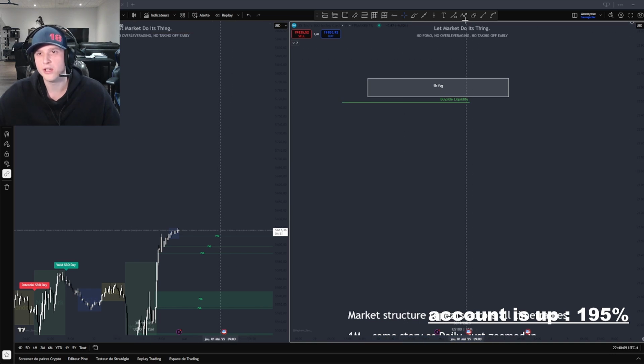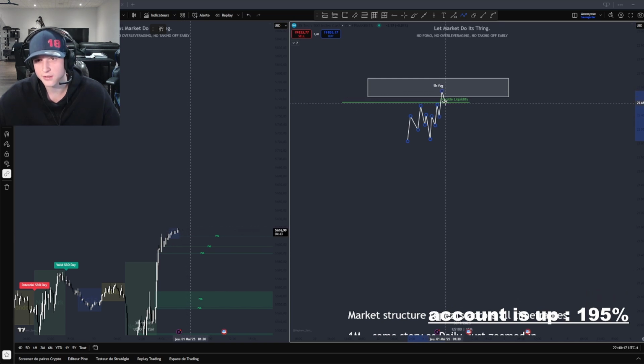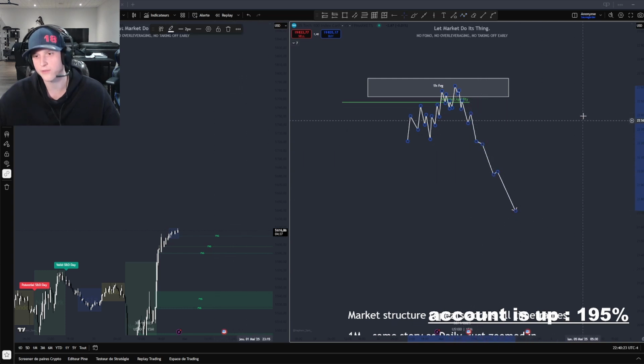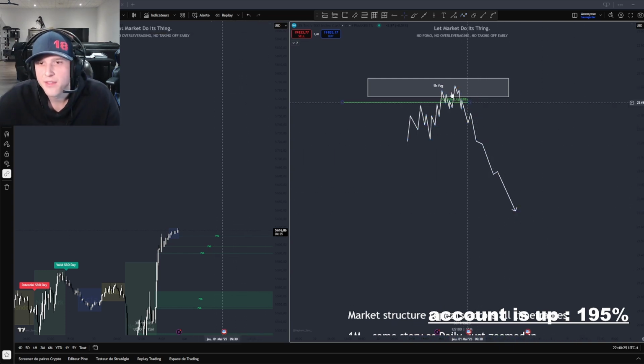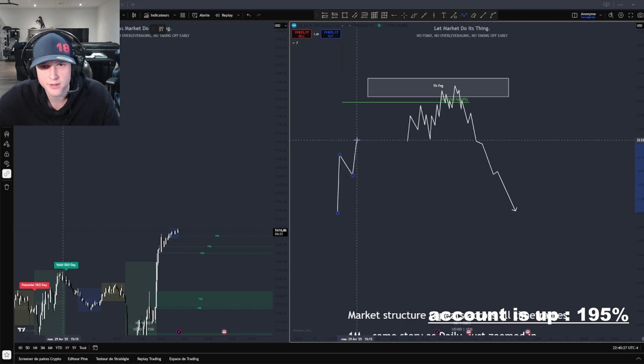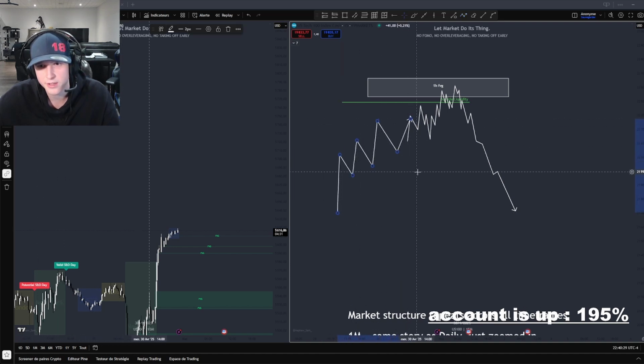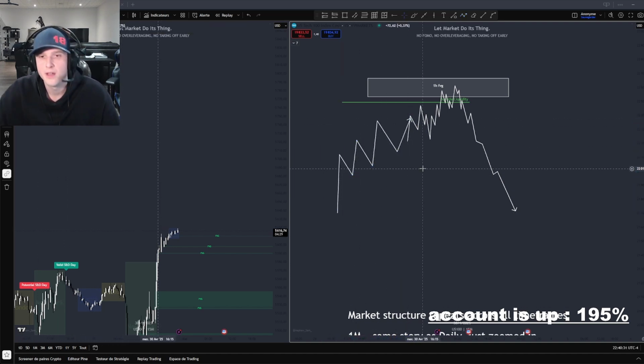And then you have your structure, right? That's going like this. Okay. So this is your structure, and then this is going like this. Let's just say this is like this.